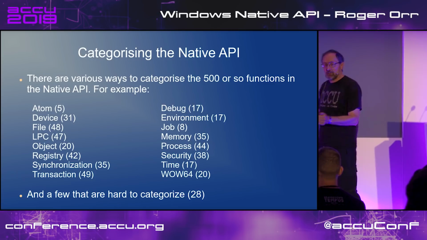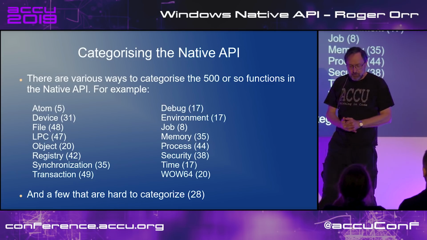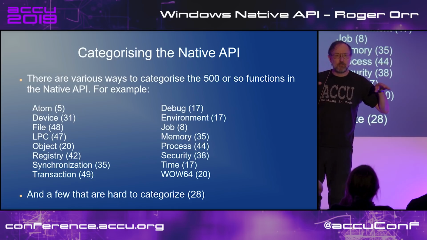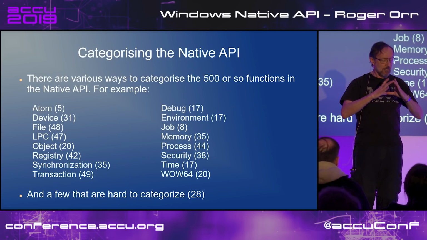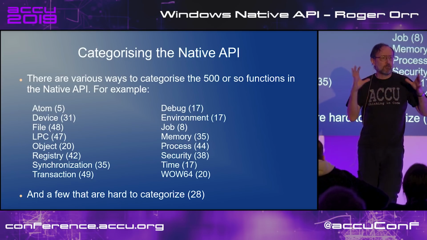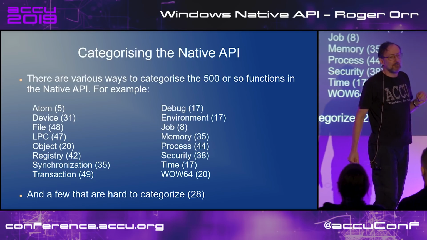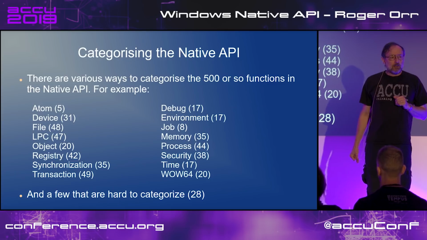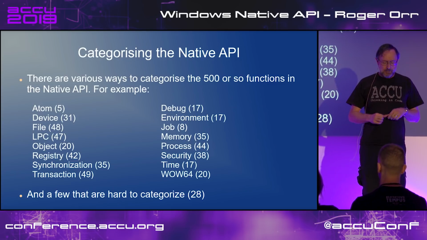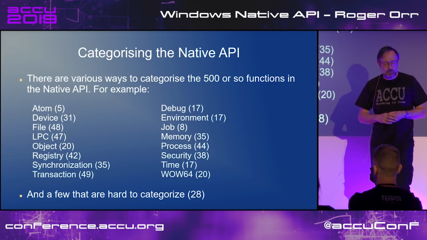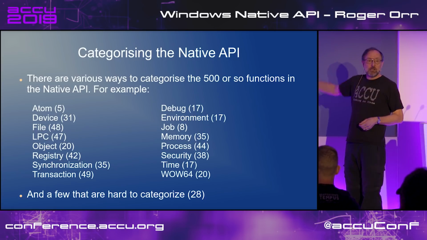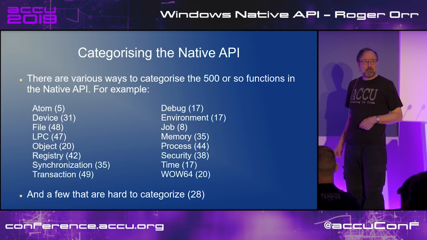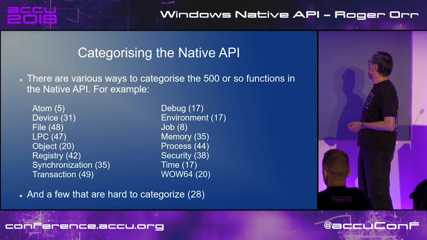Right, well, categorizing the native API. It is, of course, a very small API because you're just accessing the operating system and it's nicely encapsulated, and there are only about 500 functions or so. There isn't really a clear categorization. I've got a little tool I wrote that I trace some of the calls to it, and I've loosely categorized them. So you've got things like atom for the named atom services, maybe memory.